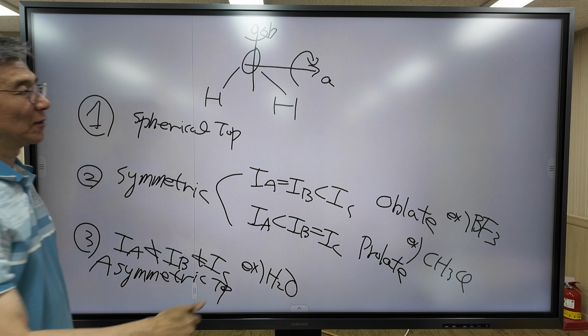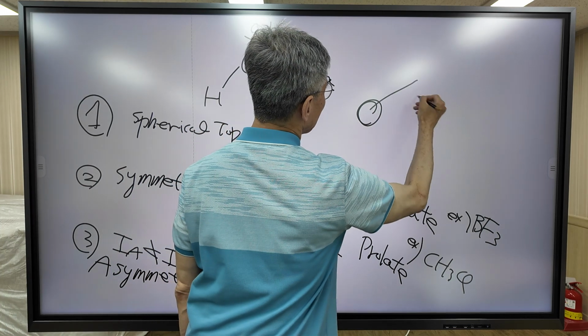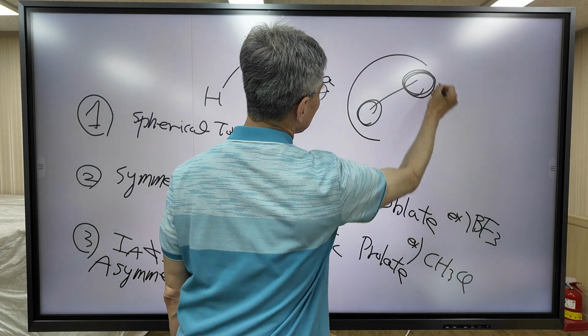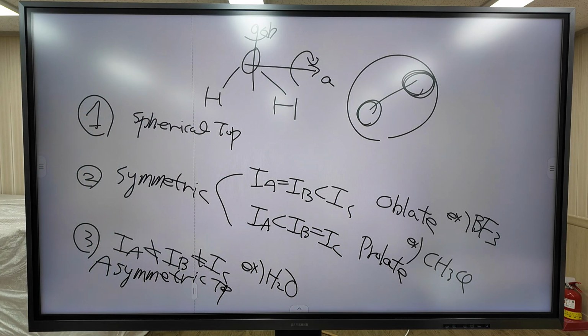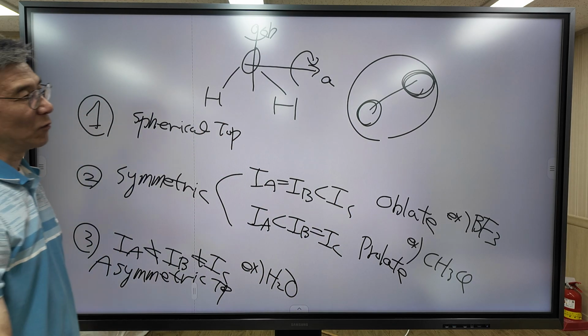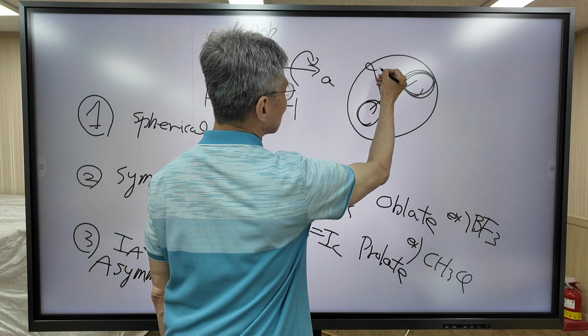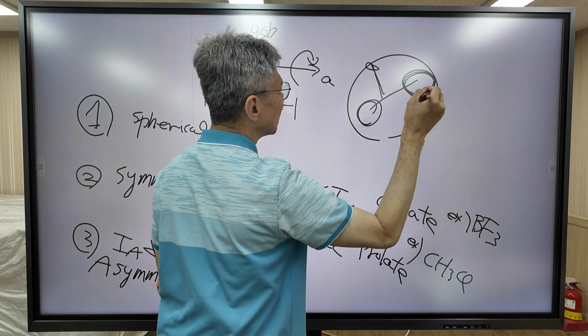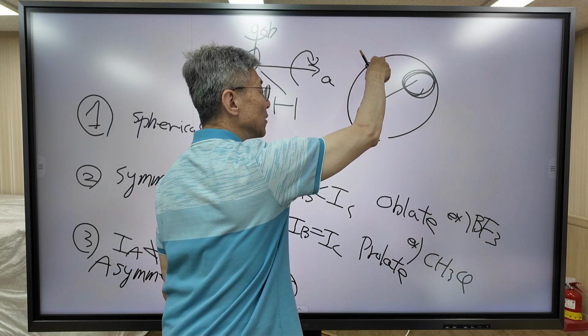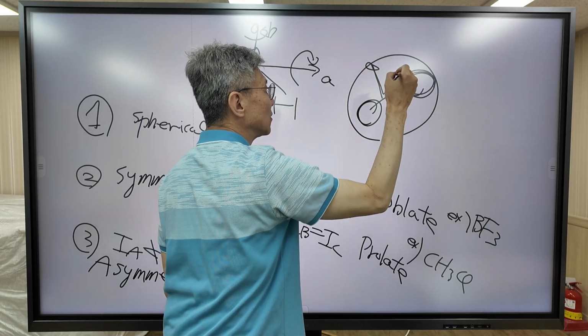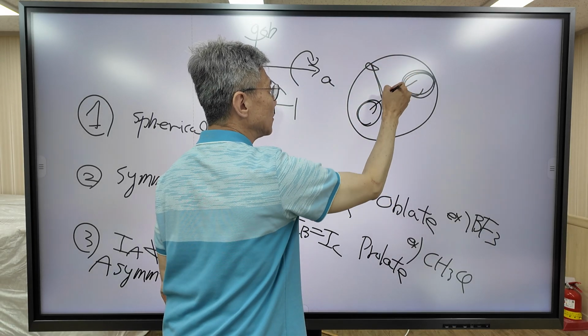Now this molecule, diatomic molecule, what category is this molecule in? In a diatomic molecule, the moment of inertia in this direction is equal to the moment of inertia in the perpendicular direction.